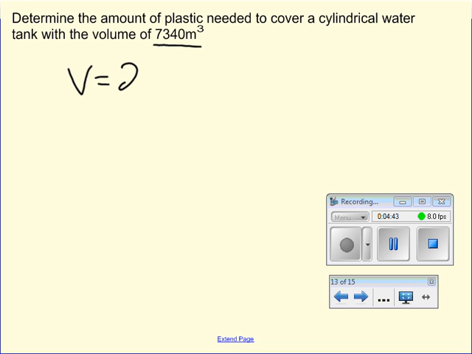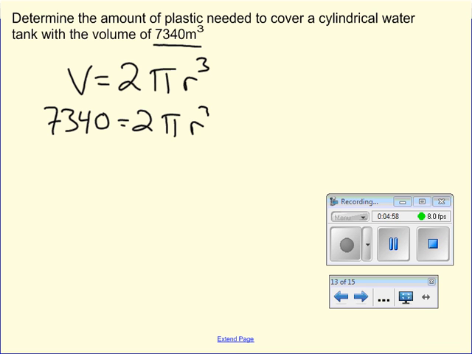So I have volume is equal to 2 pi r cubed. So I take my volume and I substitute it in, 7340, 2 pi r cubed, divide both sides by 2 pi. So 7,340 divided by 2 divided by pi.